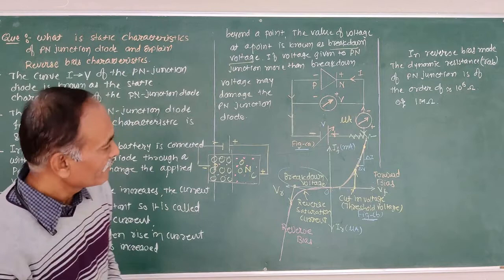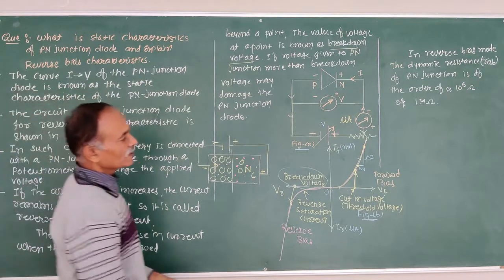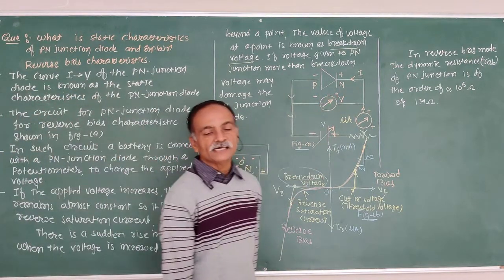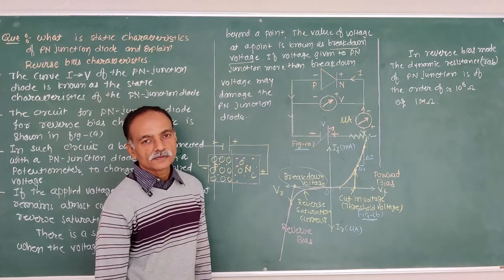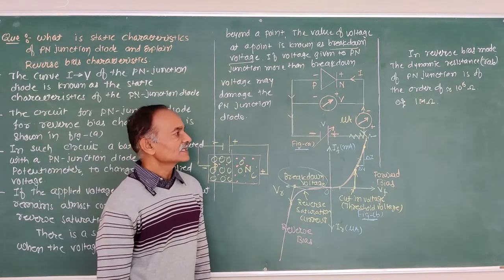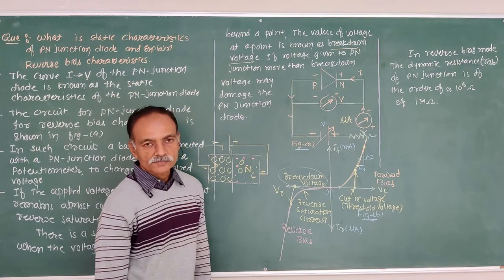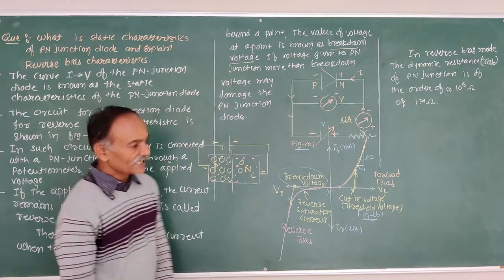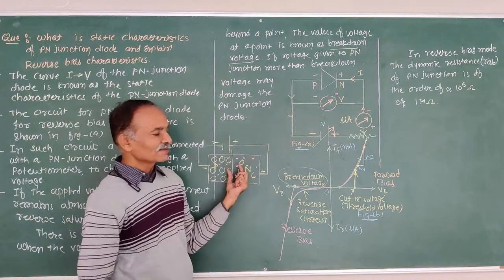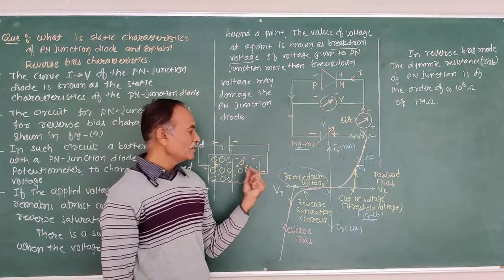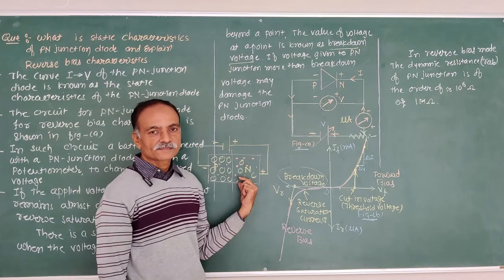Right? Okay. Now in reverse bias mode, the dynamic resistance is of the order of 10⁶ ohm, or in other words, 1 mega ohm. So there is the reverse bias characteristic. This figure is not important, only for you to understand it.